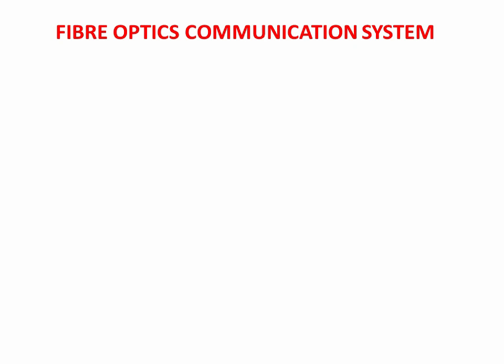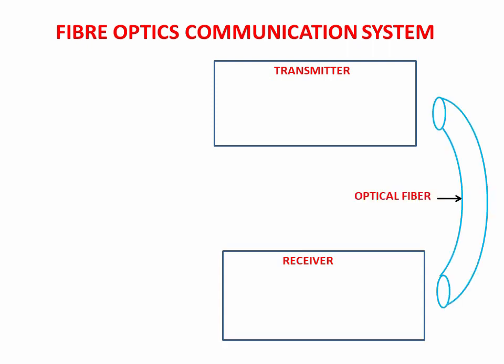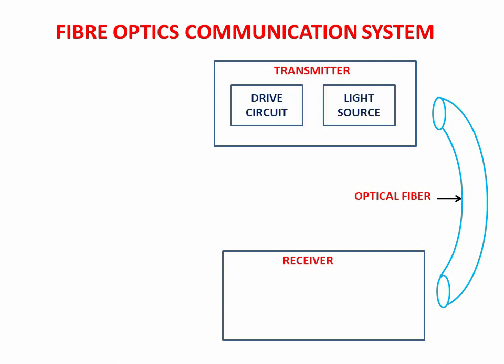Fiber optics communication system. The propagation of information using fiber optics is fiber optics communication system. An optical fiber communication system consists of three major parts. One is transmitter, the second one is receiver, third one is optical fiber. The transmitter consists of two parts, namely drive circuit and light source.